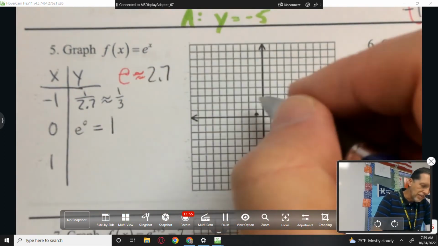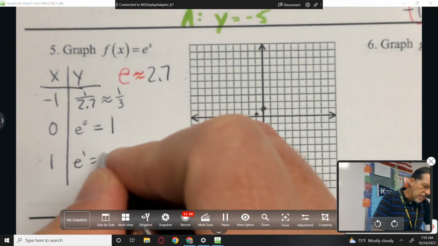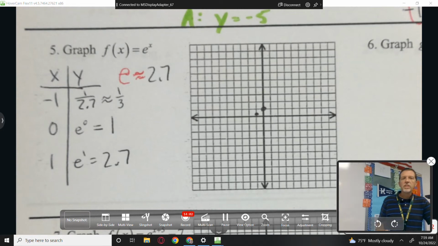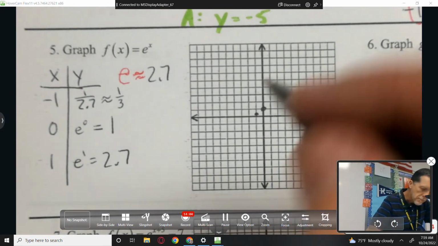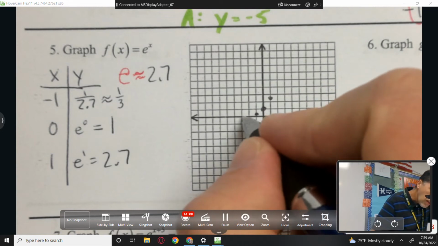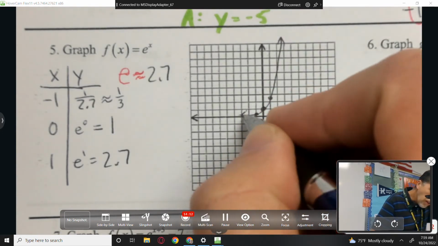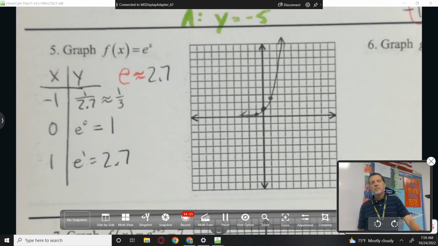That one we can get for sure. And then e to the first is 2.7. So it's kind of the same graph as above. It's just that the turn isn't as sharp because the base isn't as much.